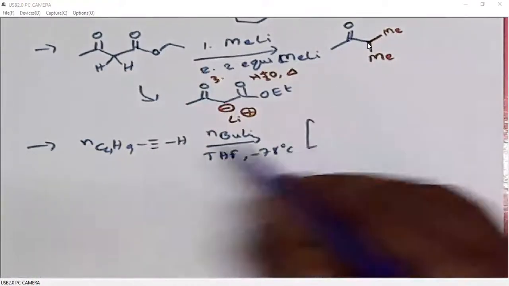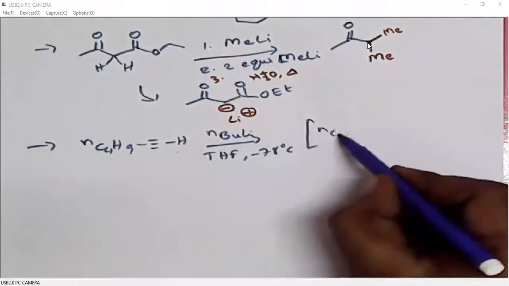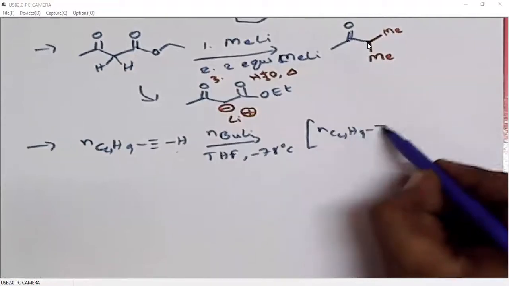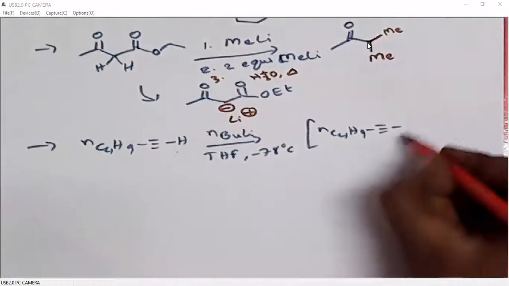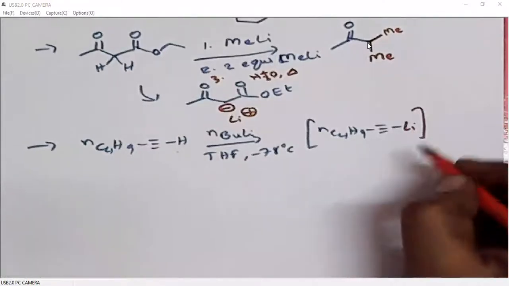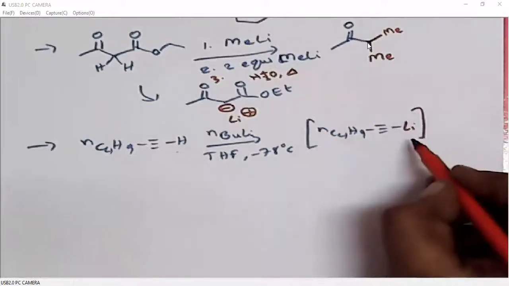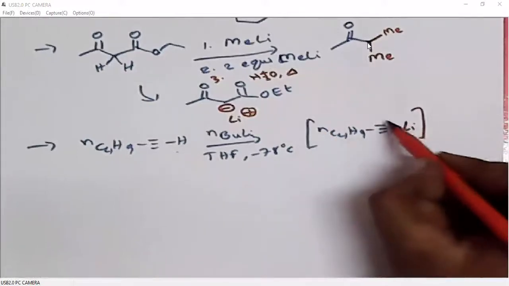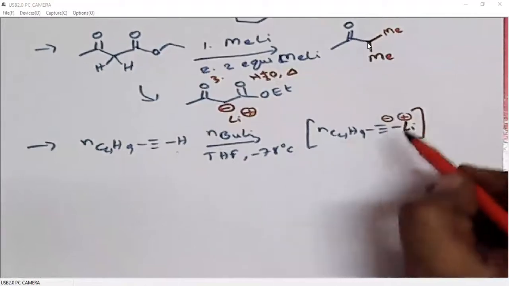So n-butyl lithium immediately picks up this proton, so it generates acetylenic alkyl lithium. Because it is an intermediate, it is not stable, so that is why I am representing it in square brackets. So it means negative charge on the sp hybridized carbon, positive charge on the lithium.